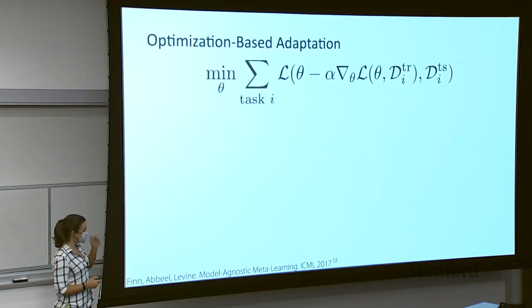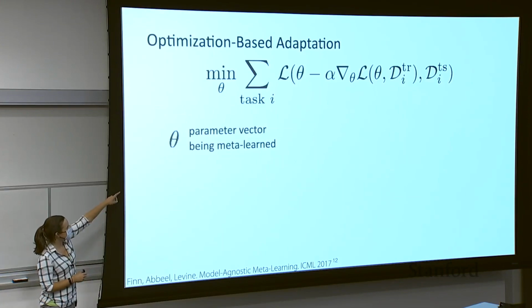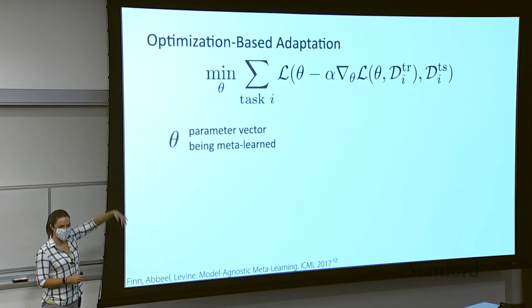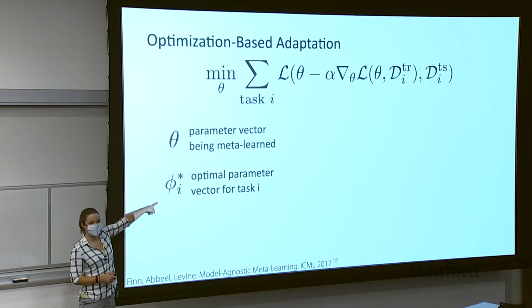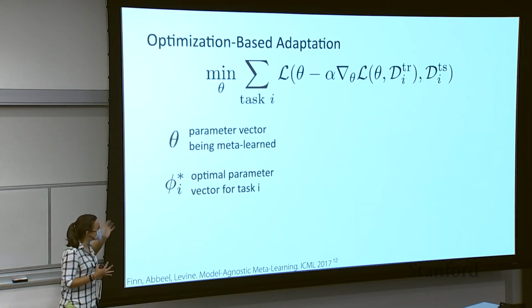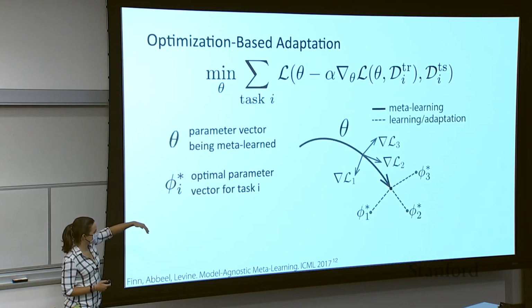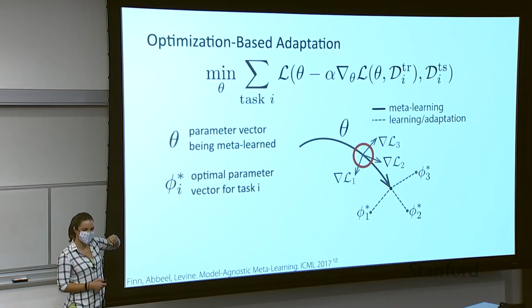Now, one way to visually depict this is something like the following. Say that theta is the initialization, the parameter vector that you're meta-learning, and maybe phi i star is the optimal parameter vector for task i. When you're at this point during the meta-training process and you take a gradient step with respect to task 3, you're quite far from the optimum for task 3.